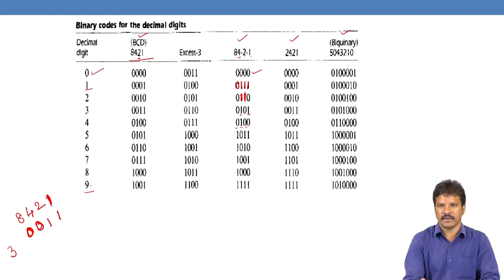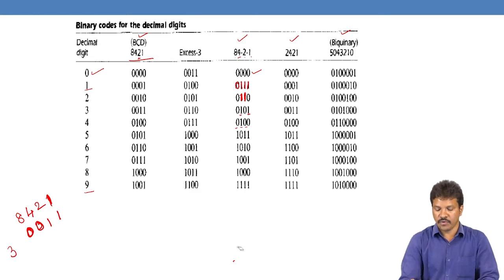What about 9? 9 means 8 and 4, total is 12, then 12 minus 2 minus 1, 12 minus 3 will get 9. So we will take 4 ones.